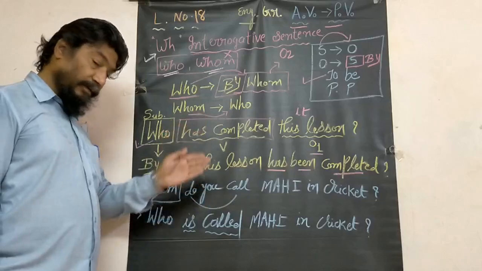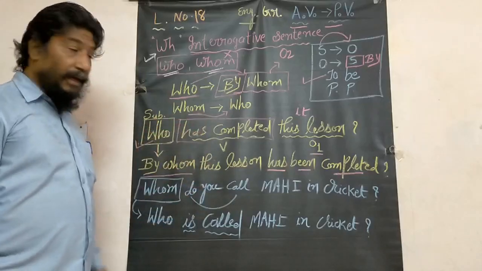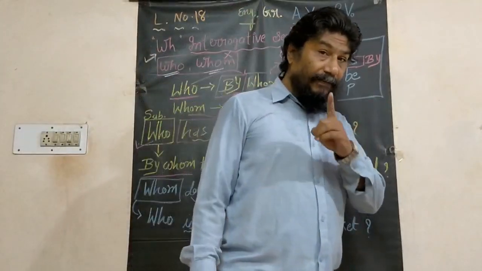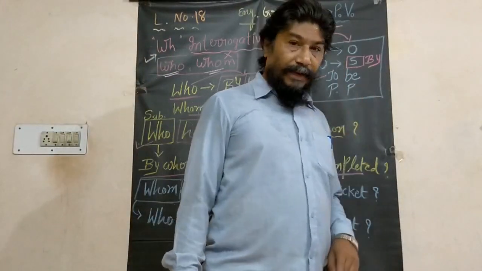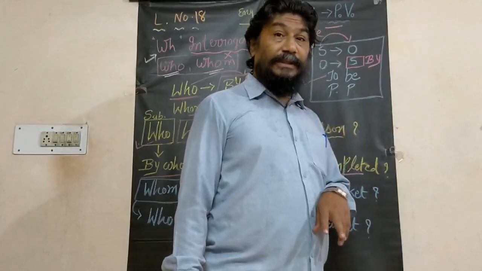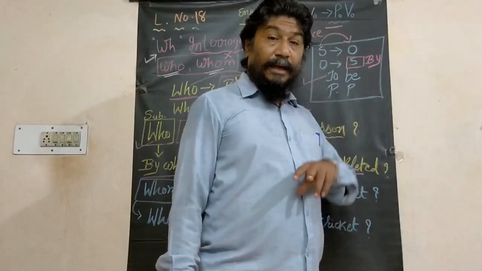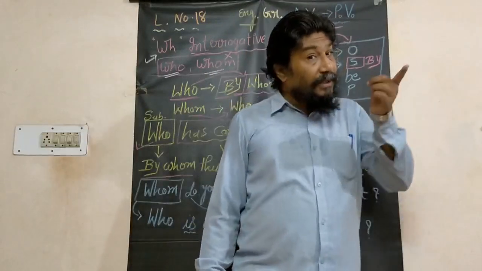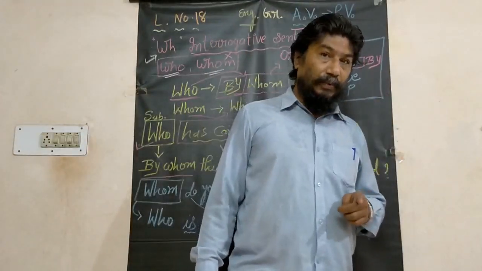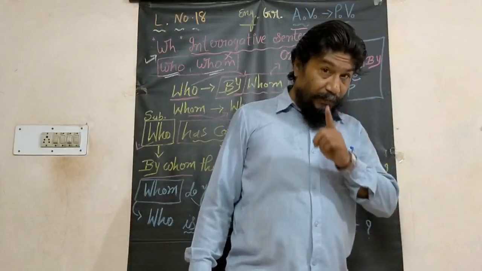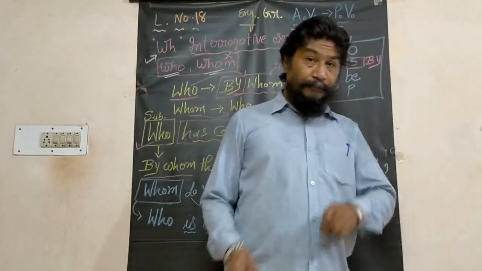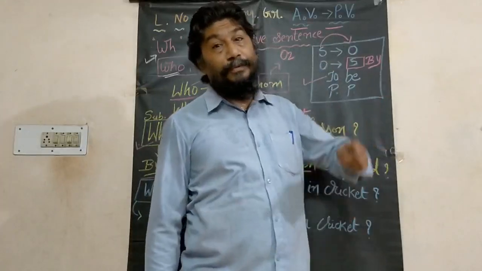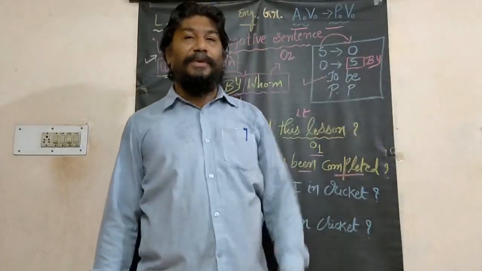Go a little back. When I taught you double passive, at that time only I had given one idea to you. Whenever O2 is given in the sentence and at the same time objective case form is used in the sentence, that objective case should be converted into nominative case.